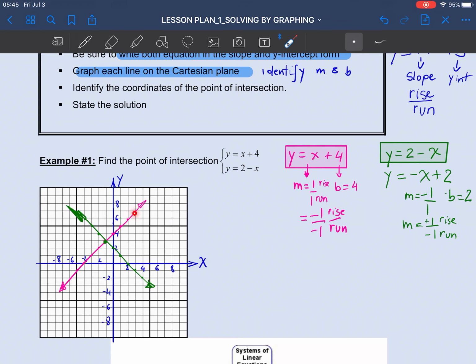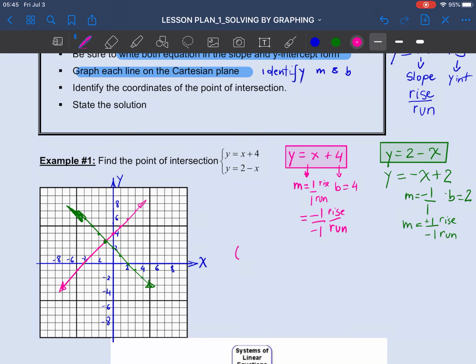Any point that is on this pink line can be identified by its coordinates. So for example, this point here is 0, 4. This one here, 1, 5, 2, 6, 3, 7, 4, 8. Okay?